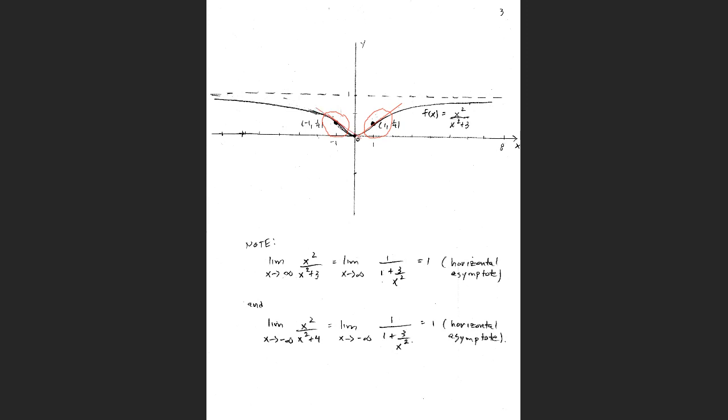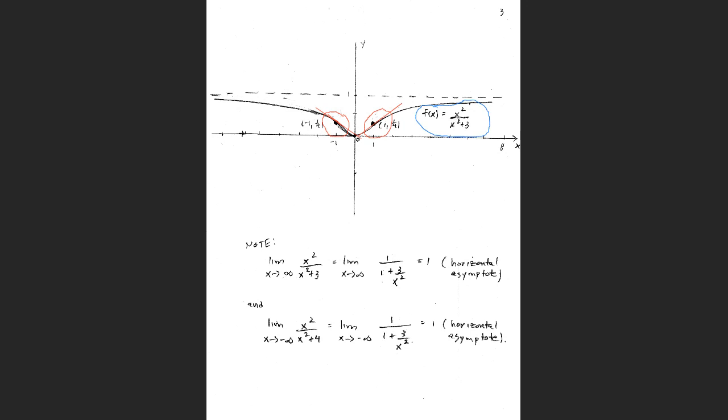And so you notice that our function is not linear, right? The function x squared over x squared plus 3, that's not a linear function, right?